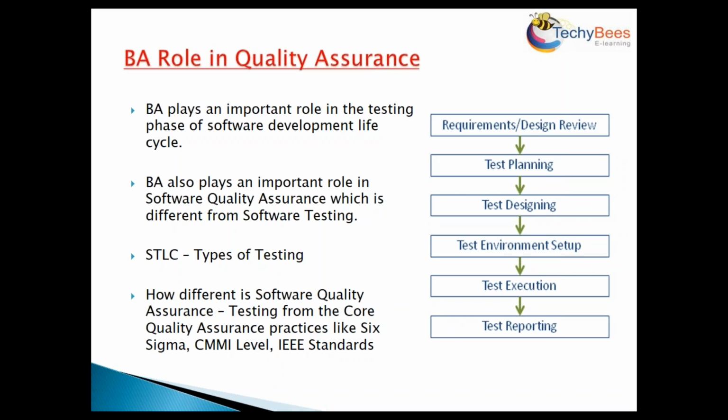There is a difference between the software quality assurance practiced in a software company. Software quality assurance is divided into two. One division will take care of the testing part of the software. The other division of your quality assurance group will take care of concepts relating to Six Sigma, CMMI level implementation, ISO implementation, IEEE standards.